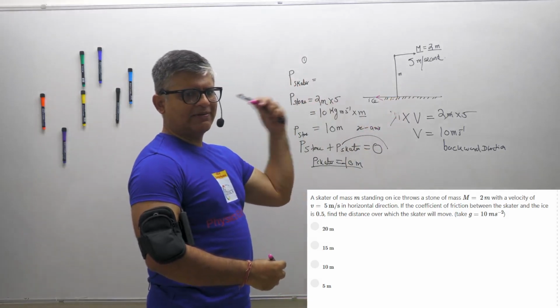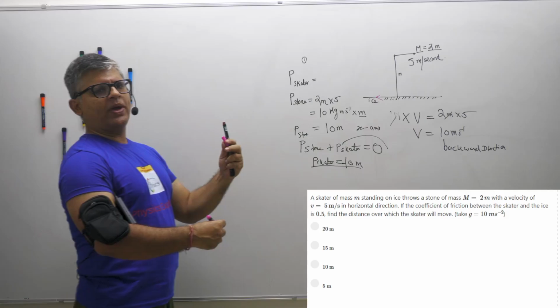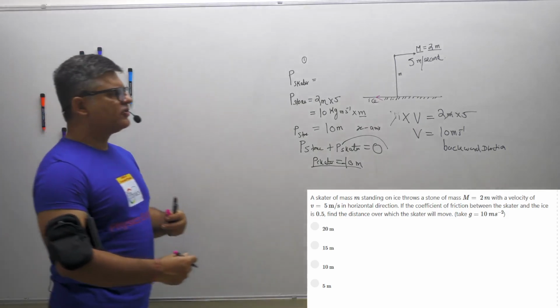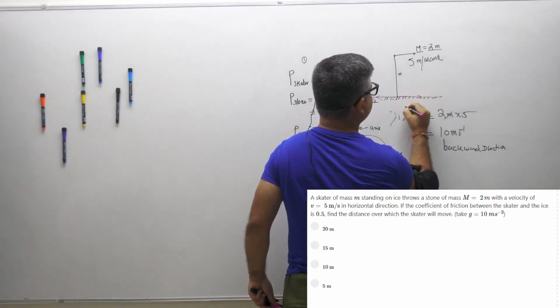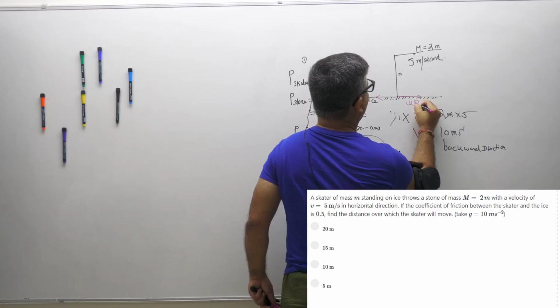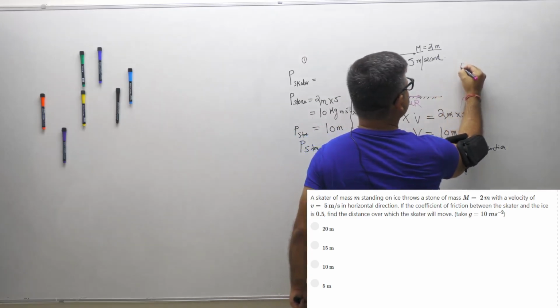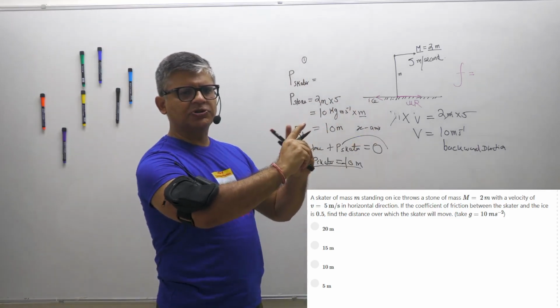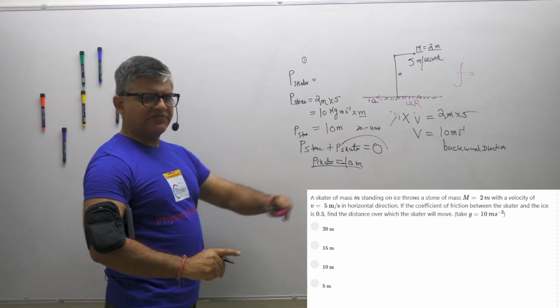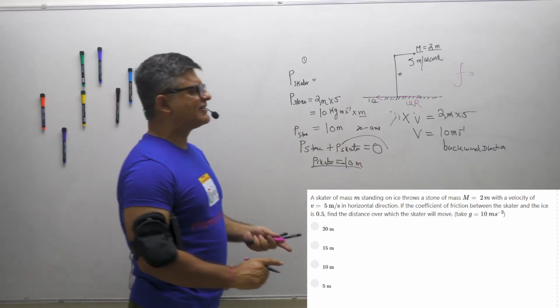In the backward direction is your velocity. So you're going like this, obviously on the skates. The frictional force will act in this direction, right? So this is your mu R, right? So the frictional force which is acting on you is in the opposite direction to your motion. You are going back, but the friction is acting. So this becomes a case of deceleration, right?